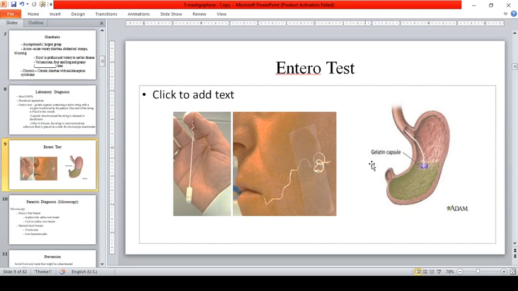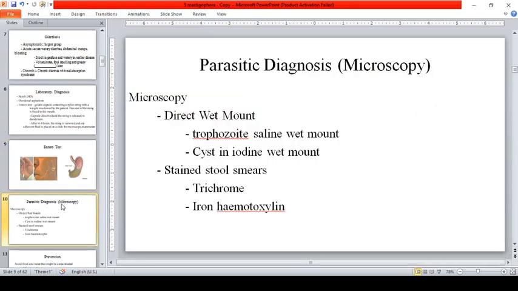Ito kasi nasa stomach pa lang siya, pero sa may duodenal area siya dapat mapunta. So, after 6 to 8 hours, the string is removed. Kukunin yan ulit. And any adherent fluid is placed on a slide for microscopic examination, to check kung meron bang Giardia.